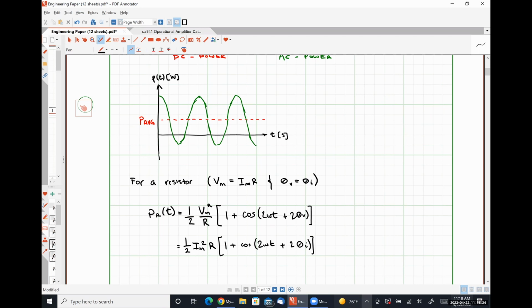It's got to be the DC portion of these expressions, which is just this times 1, or this times 1.